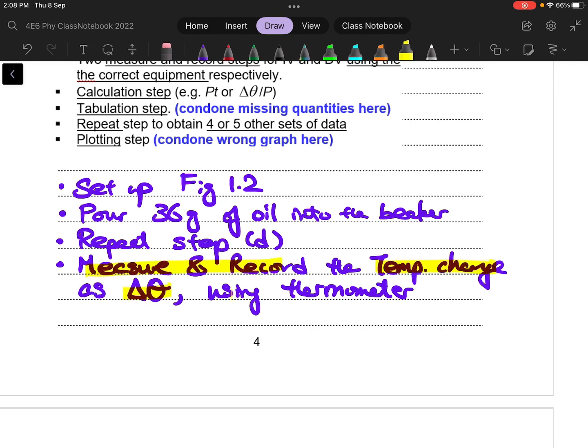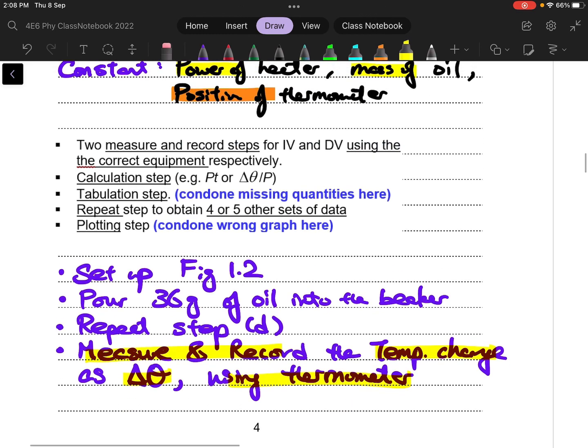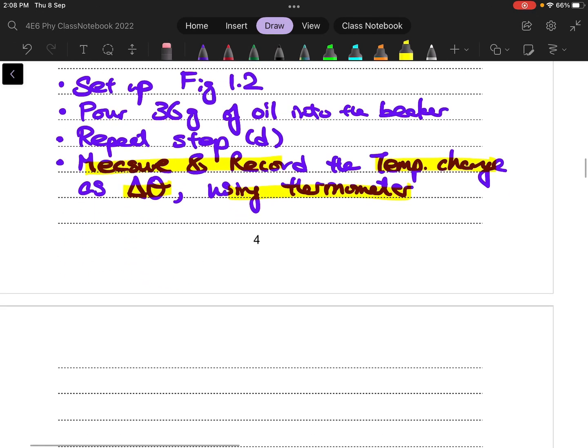Right, so when I do this step, measure and record temperature change as delta theta using thermometer, I have cleared the independent variable step of the measure and record, right? I have included using what equipment, right?